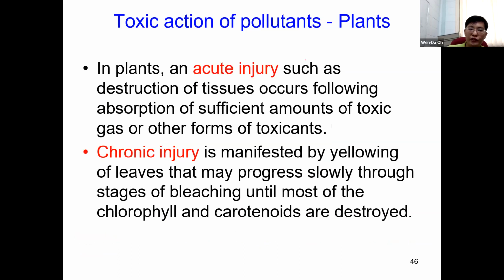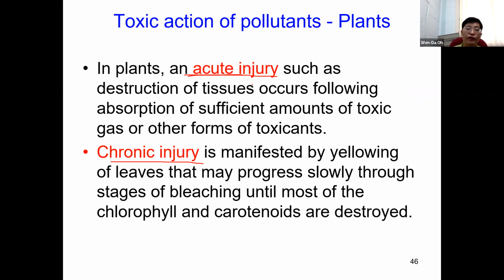So two different kinds of injuries, acute injuries and chronic injuries, can happen, right? Acute injury means the absorption of this toxicant at an excessive rate. When an excessive rate of pollutant is being absorbed, you have instantaneous effects. It can cause destruction of tissues and instant death of the plant.